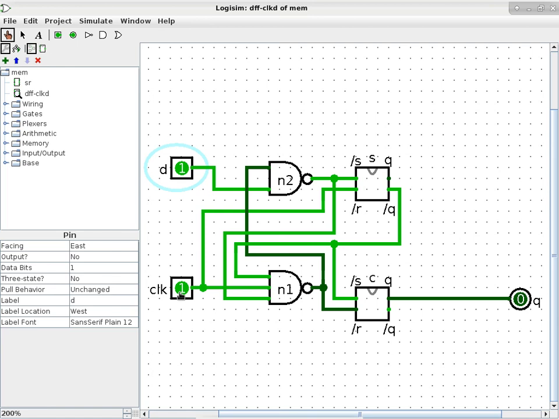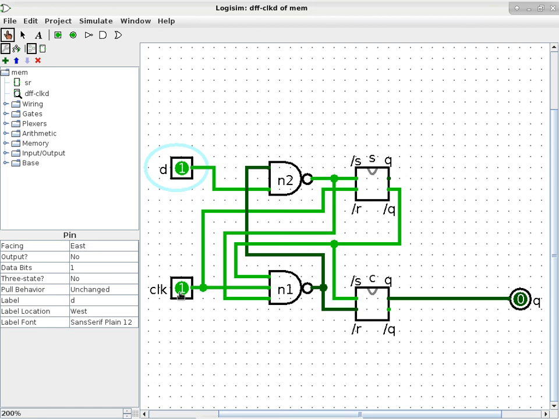But we also want to track down the other line. It's going to go into N2. What is that going to do to N2? So N2 will now have both inputs being 1s because I flipped the data pin from 0 to 1 already. So N2 is going to output a 0.